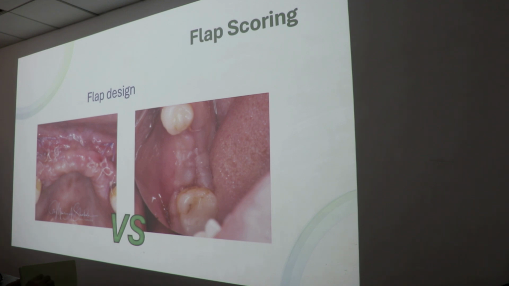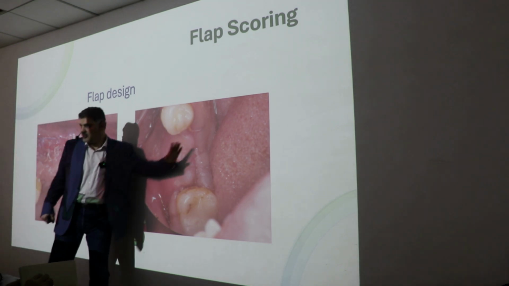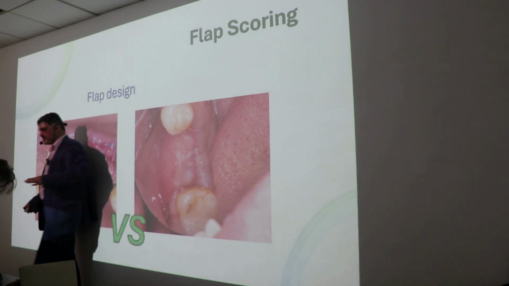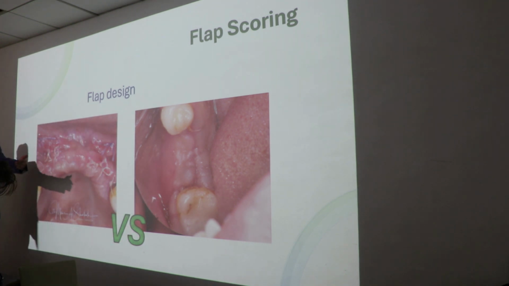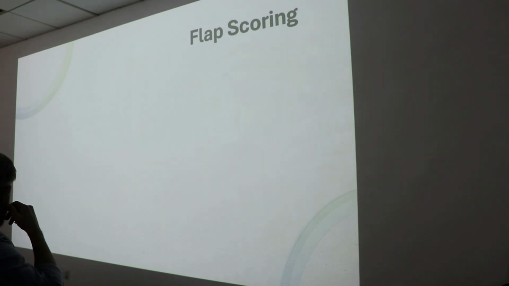Do you know why? Because here I extended my buccal flap more to the lingual. The extension was much more than needed. So the connective tissue of my buccal flap was attached to the epithelium of the lingual flap. That's why it took a longer time for healing, while this one was perfect.